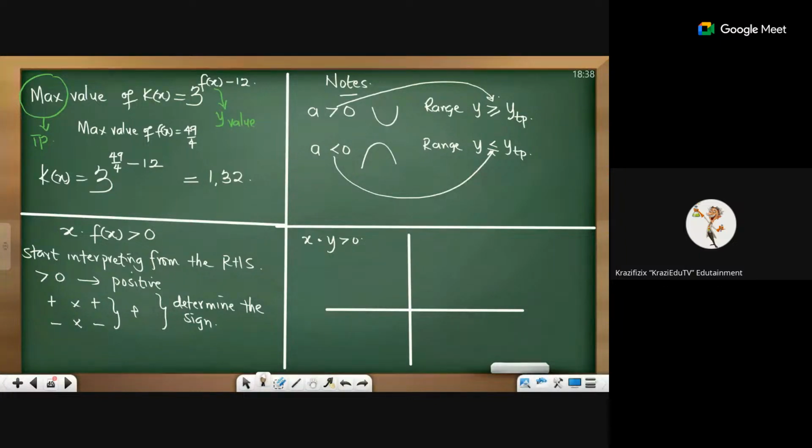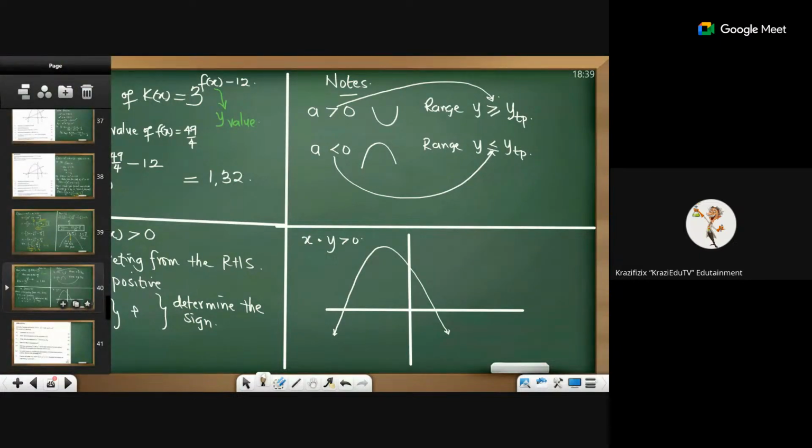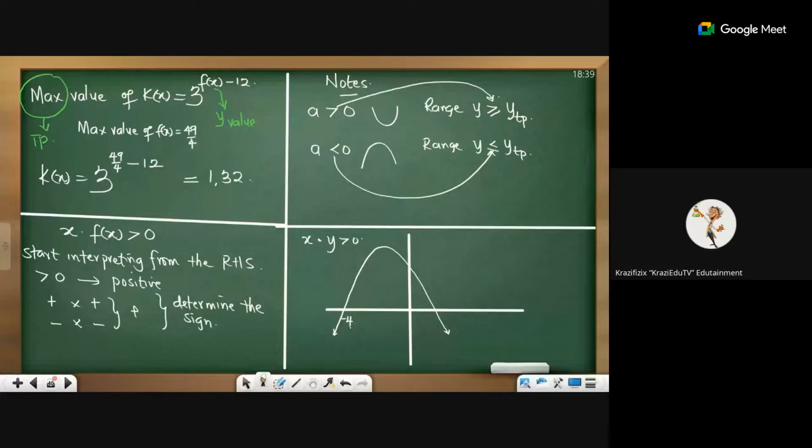It's turning on its side. And we know our x-intercepts are -4 and 3.